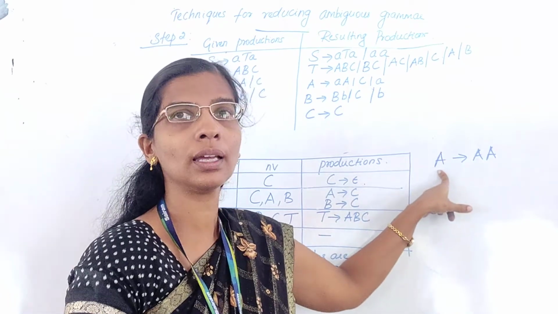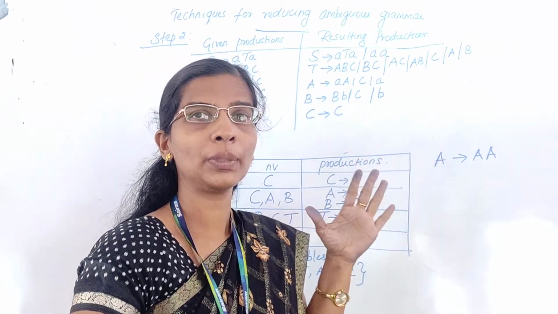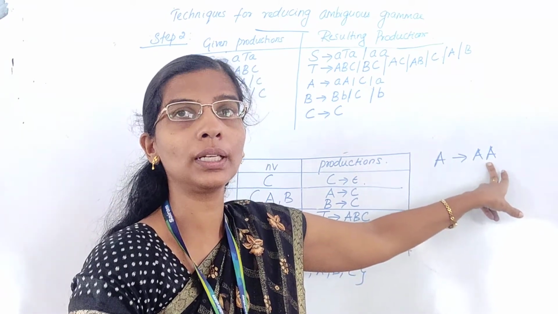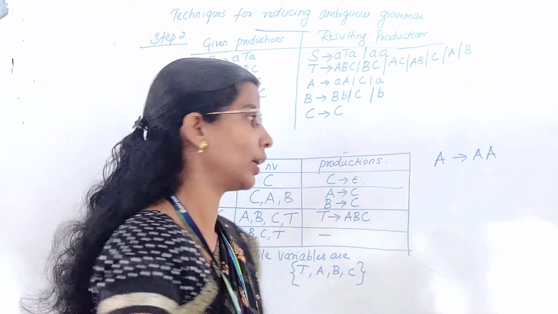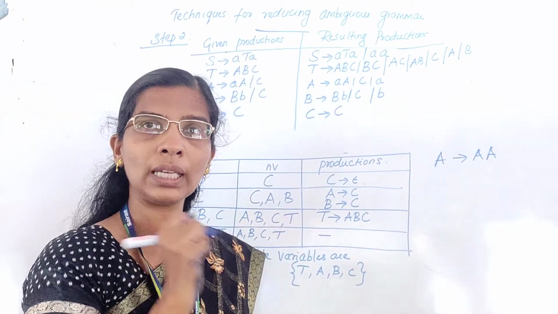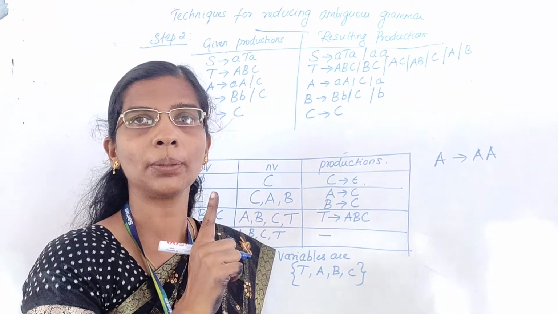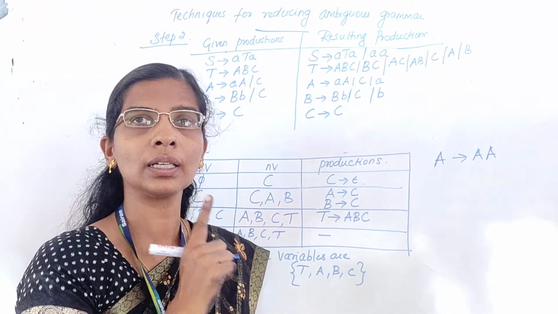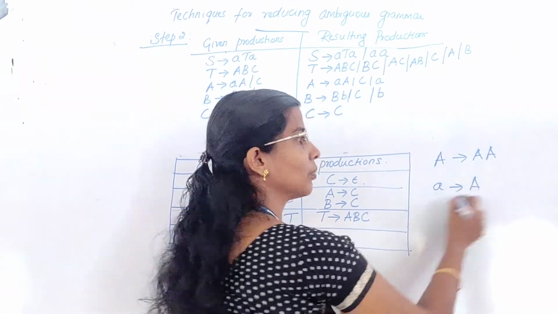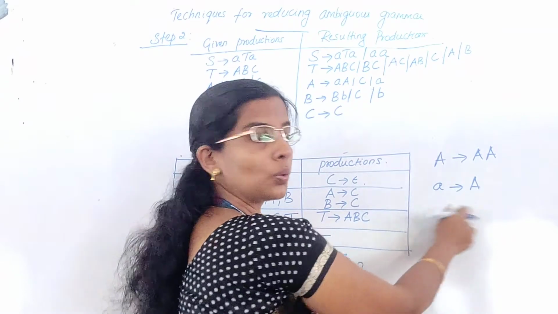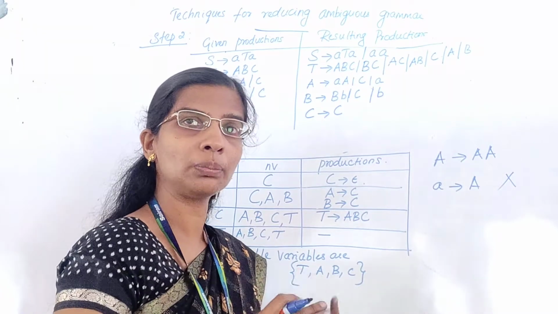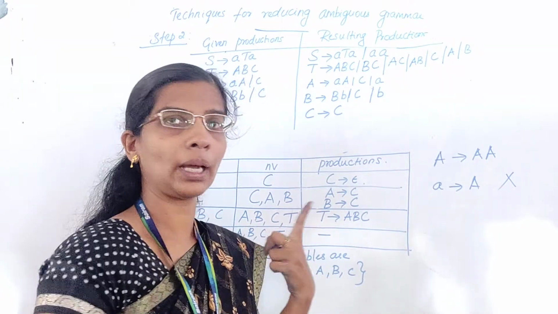What is my LHS here? A. If I have capital A two times in RHS, that is a symmetric recursive rule. We are learning context-free grammar, so always the LHS will be a single non-terminal. I won't have something like this, and if I have any such rule, it is not a context-free grammar. So in a context-free grammar, my LHS will always be a single capital letter.